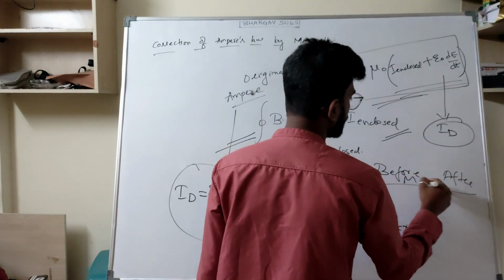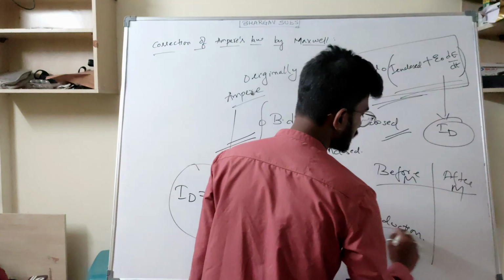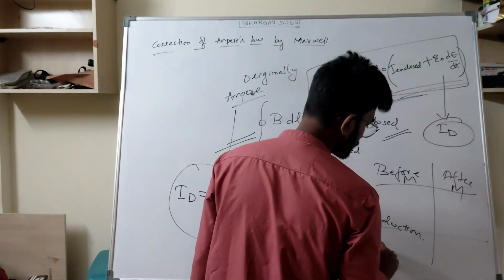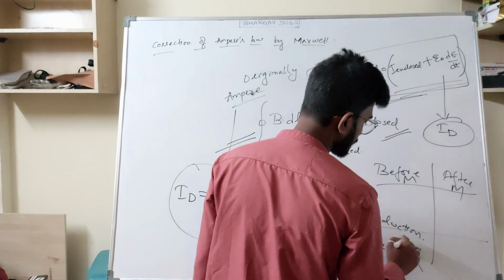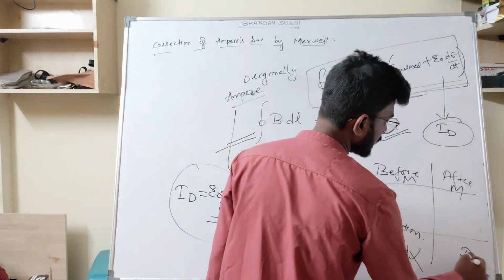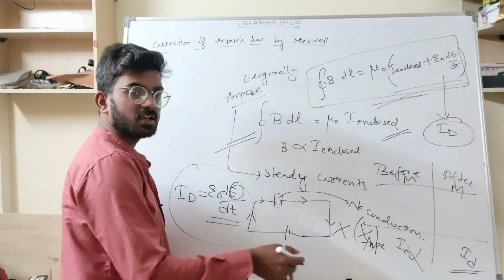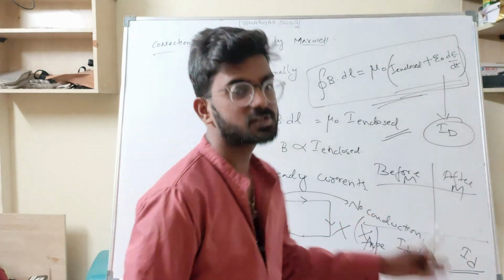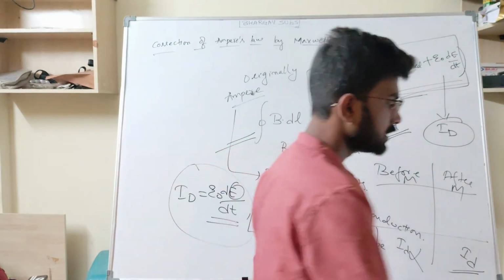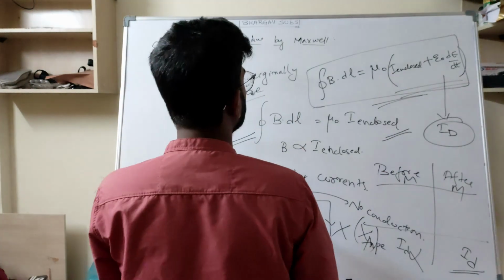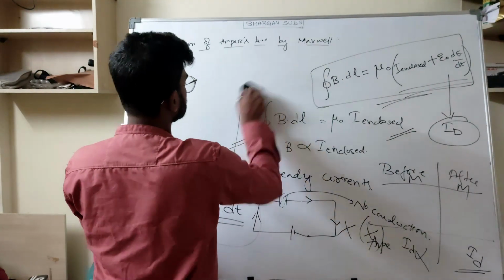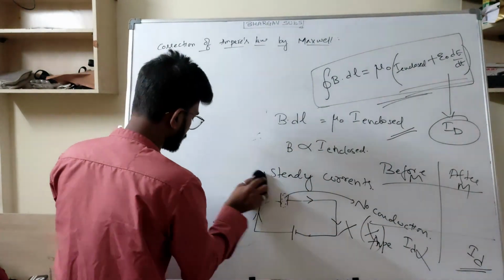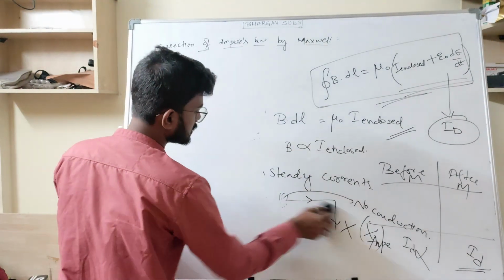Initially there is no displacement current in Ampere's law, but after that they added a displacement current. So there is a change in Ampere's law. We will discuss how he added the displacement current, so let us do it step by step.